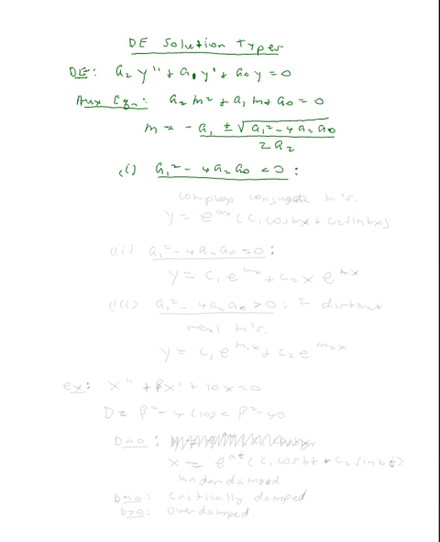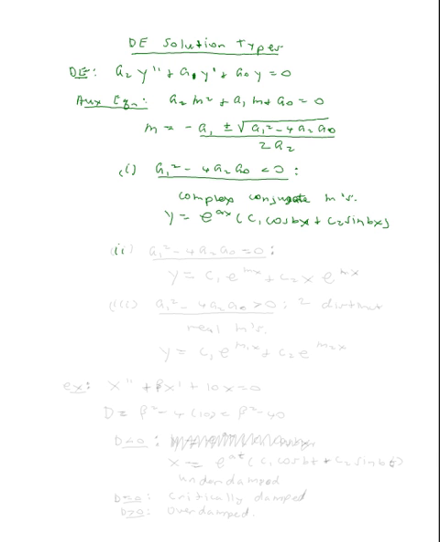We know the form of the solution in that case: the general solution to the differential equation has the form y equals e to the ax times c1 cosine bx plus c2 sine of bx, where the complex conjugate solutions are m equals a plus or minus bi.